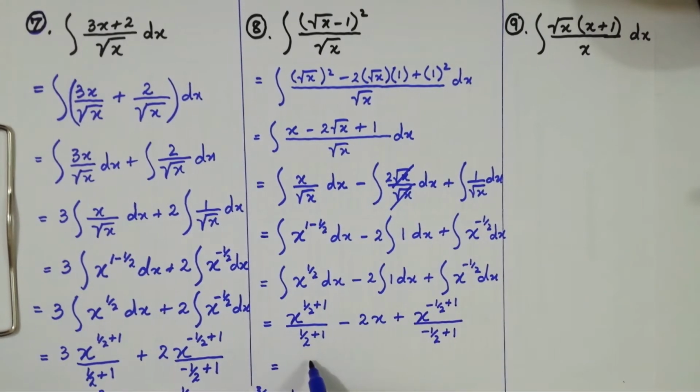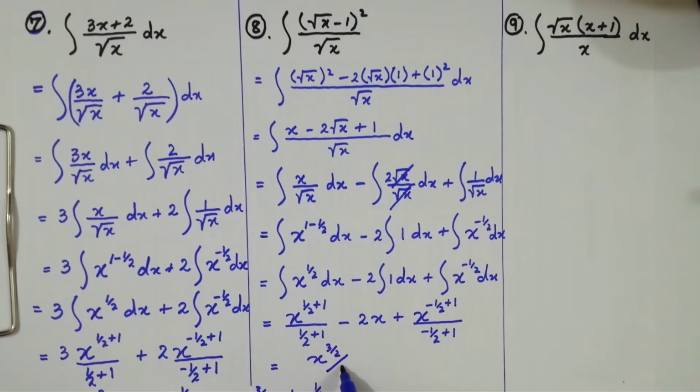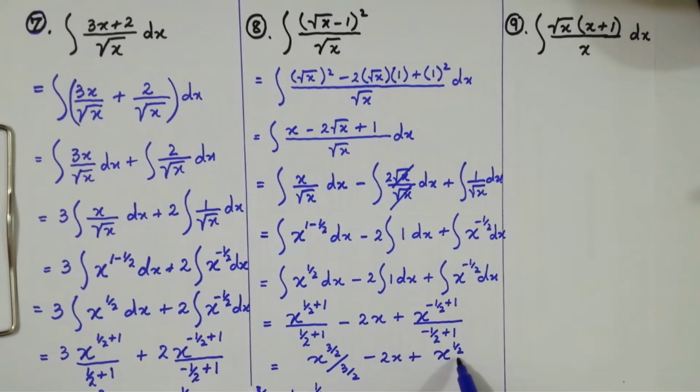Now after solving, here power is 3 by 2 divided by 3 by 2, minus 2x, plus here power will be 1 by 2 after taking LCM and divided by 1 by 2.